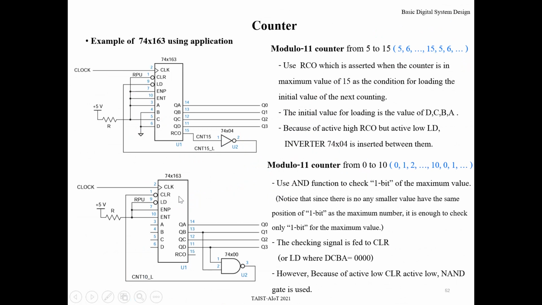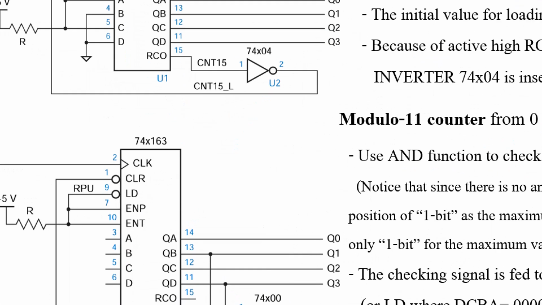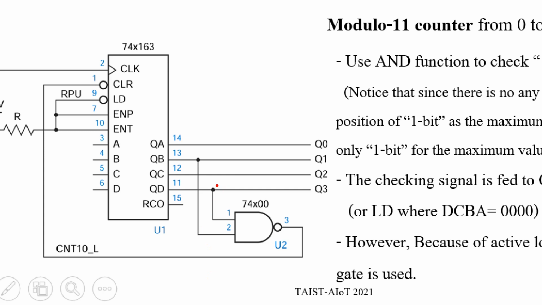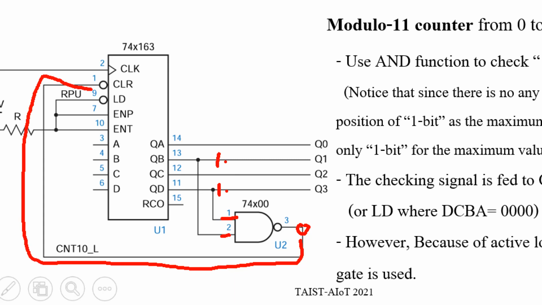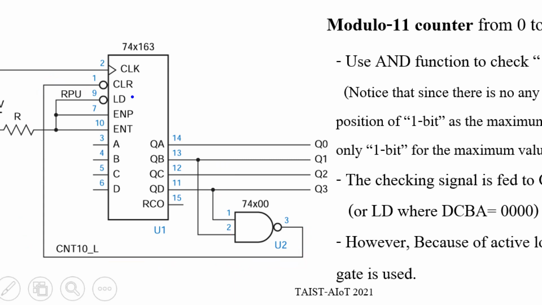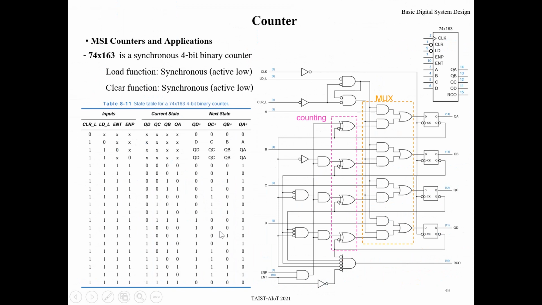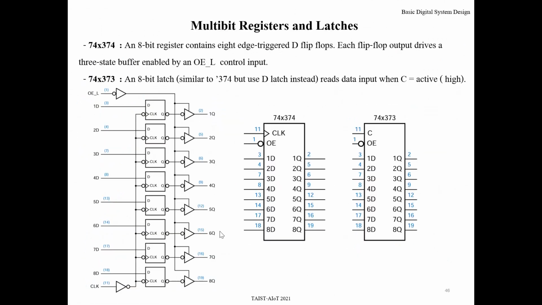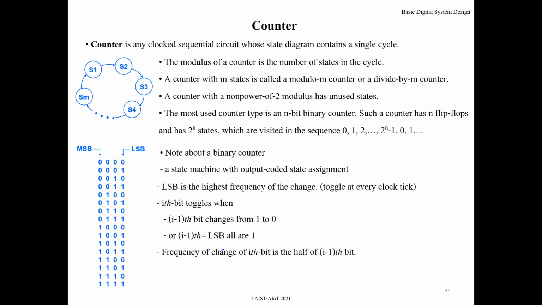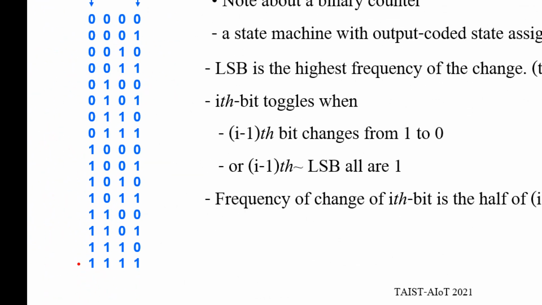Okay, for this one, it checks whether this bit is 1 and this bit is 1 or not. If this bit is 1 and this bit is 1 at the same time, this output will be 0, and you go to clear. If you look at this sequence, this one is better.